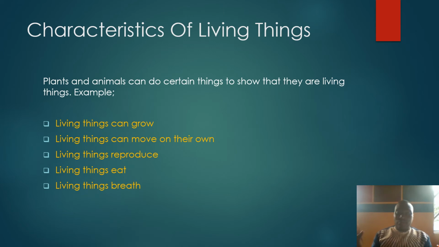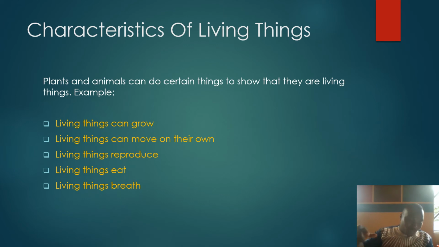A typical example is plants. Let's take, for example, plants. Some plants reproduce their young ones from seeds. These seeds are found in the fruits of the plant. Plants that produce their baby plants from seeds, a typical example is a maize plant, tomato plant, orange plant, beans plant, name them.